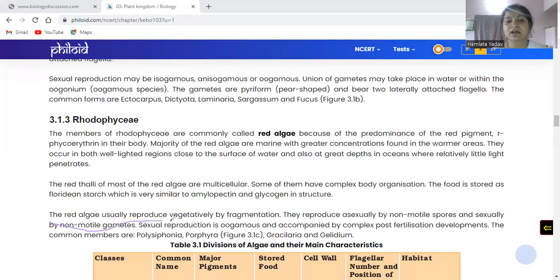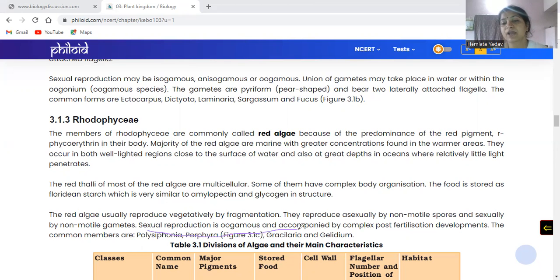The red algae usually reproduce vegetatively by fragmentation. They reproduce asexually by non-motile spores. The difference is here, they have non-motile spores, and sexually by non-motile gametes. Their gametes are also non-motile. So both of them are non-motile. That means they do not have flagella.